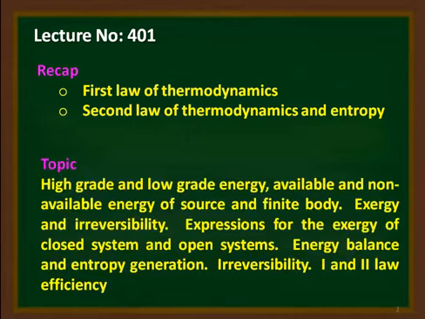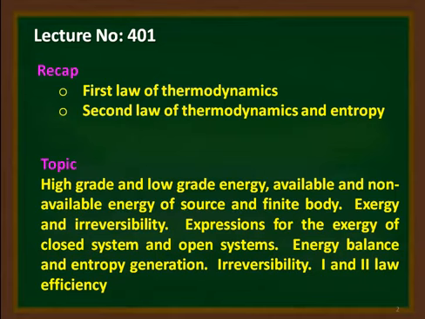So here is the syllabus portion for this lecture: high grade and low grade energy, available and non-available energy of sources and finite body, exergy and irreversibility, expressions for exergy of closed system and open system, energy balance and entropy generation, irreversibility, first and second law efficiency.